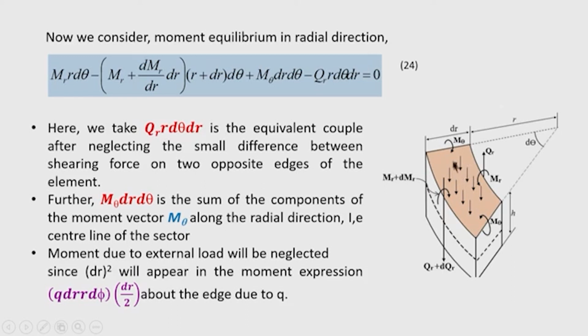So d r by 2, because the total load d r comes when you compute the area, and the distance d r by 2 will also come. So, d r into d r square will appear in the moment expression, then we neglect it because it is a small quantity, and it is not necessary to carry terms which have no significance.